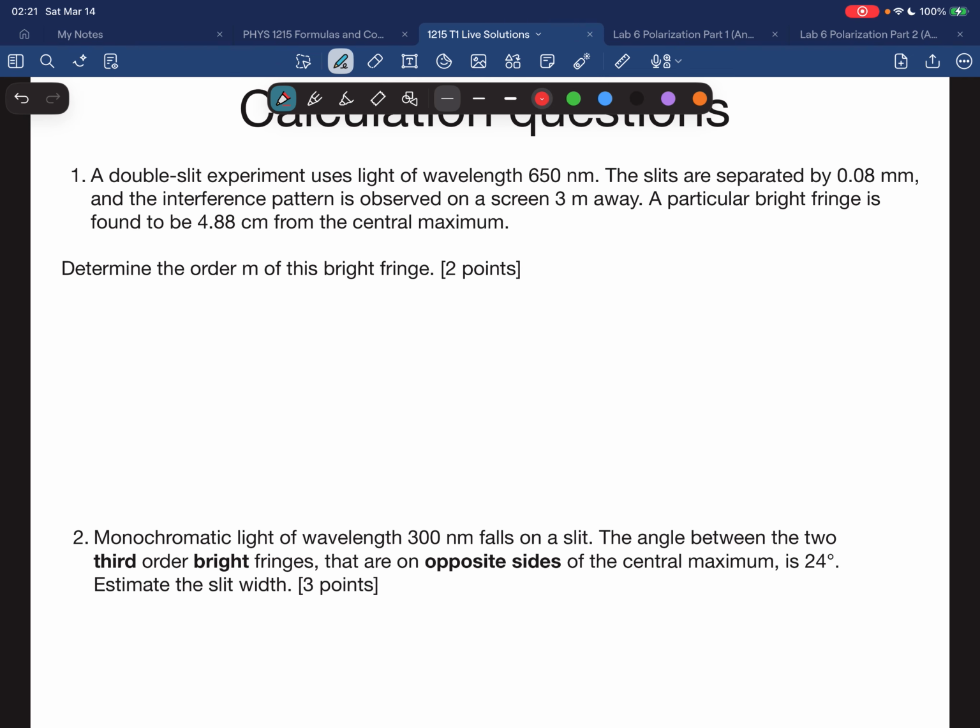So for this double slit, we are going to use the fringe spacing formula for double slits. And we're looking for the order M, so I'm going to rearrange this. M equals xd over lambda L. And plugging in, I am choosing to put everything into meters.